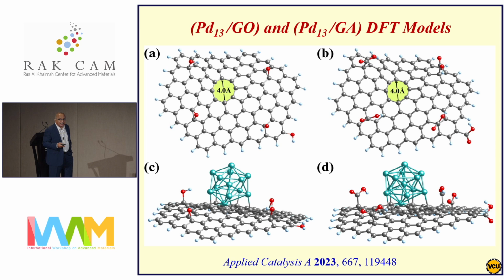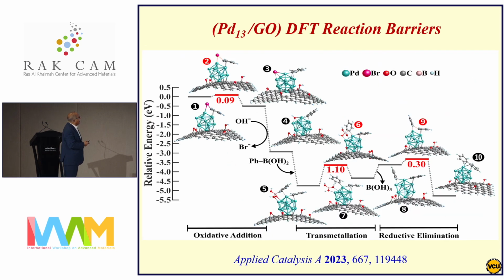The catalyst in this case was palladium clusters, 13-atom clusters, and we calculated the energy barriers for all the steps of the cross-coupling cycle, and the barriers are close. The first step is oxidative addition.